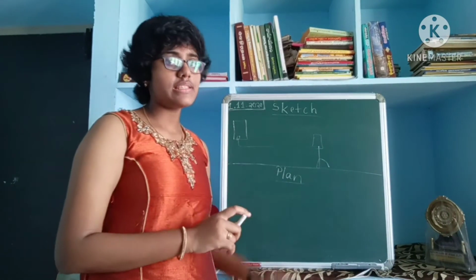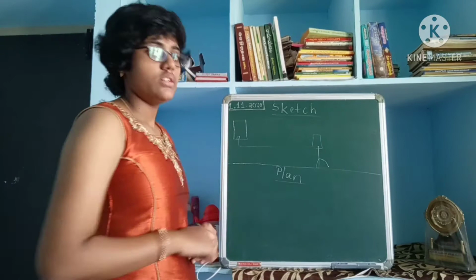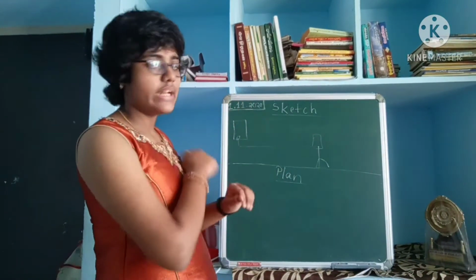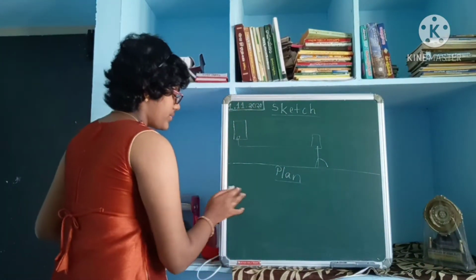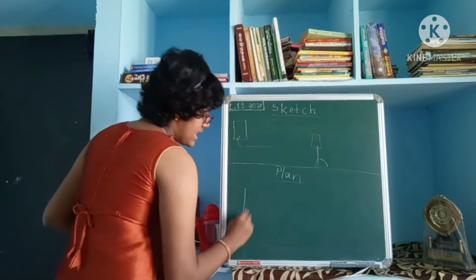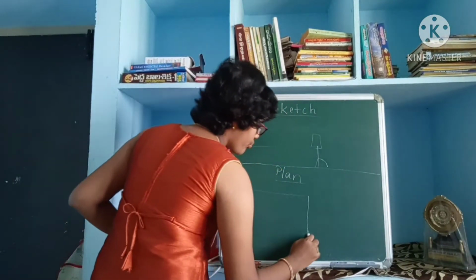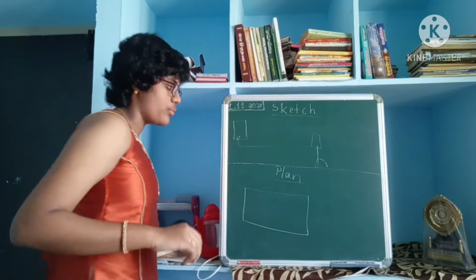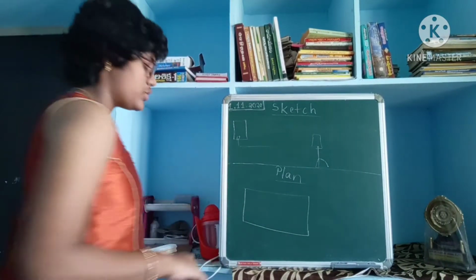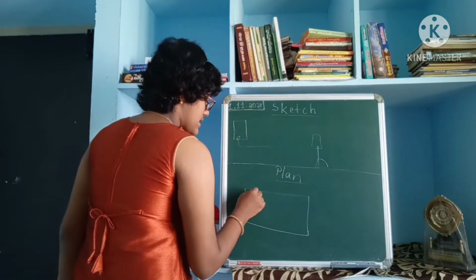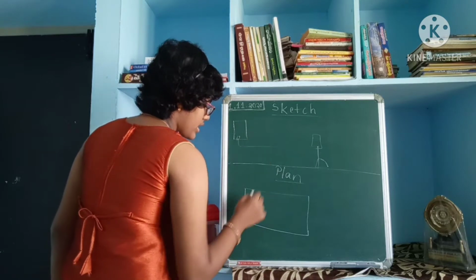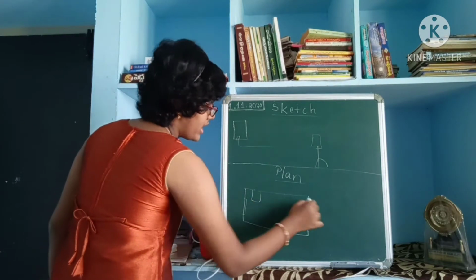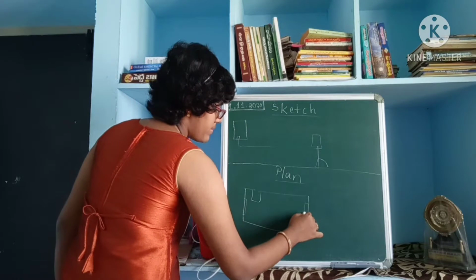Now what is a plan? Whatever we have done here, we will do in a plan. Not only this, I will say another one. If this is your classroom, what is your classroom plan actually? In every school we have the same plan. Here is the door, here will be the blackboard. In our school we even have a smart class.